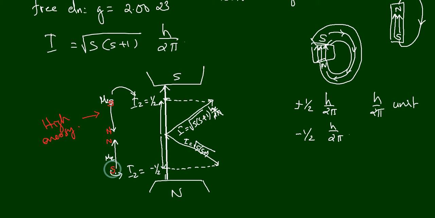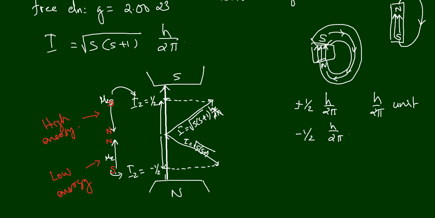In this case, the south pole is near the north pole and the north pole is near the south pole of the horseshoe magnet. So south pole loves north pole and north pole loves south pole. This is a low energy situation. So we can have two energy situations when we place an electron inside a magnetic field. Either the electron can orient in a high energy situation, or it can orient in a low energy situation.